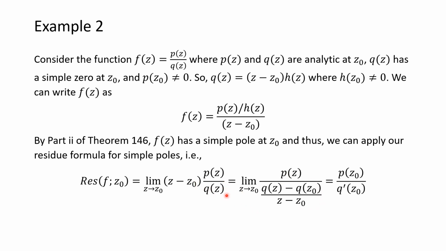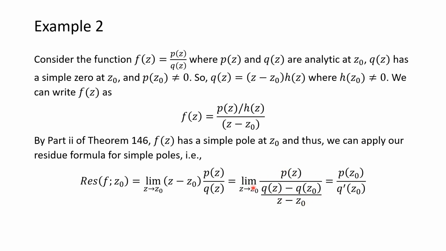We just took the z minus z sub 0 and put it in the denominator, and then we subtracted 0, right? q of z sub 0 is 0 because we assumed it was a root of q of z. So we have this, but then this is the definition of the derivative of q at z sub 0.